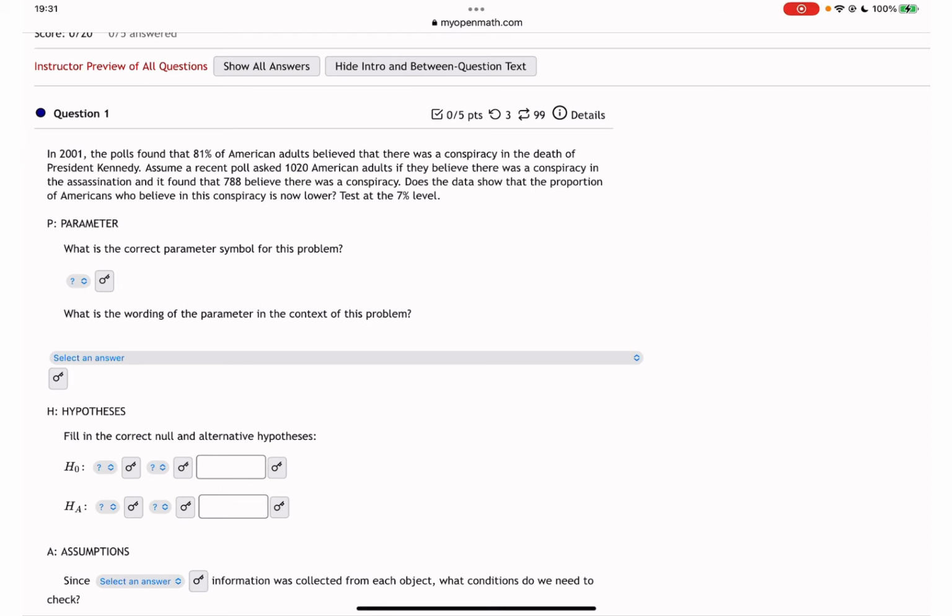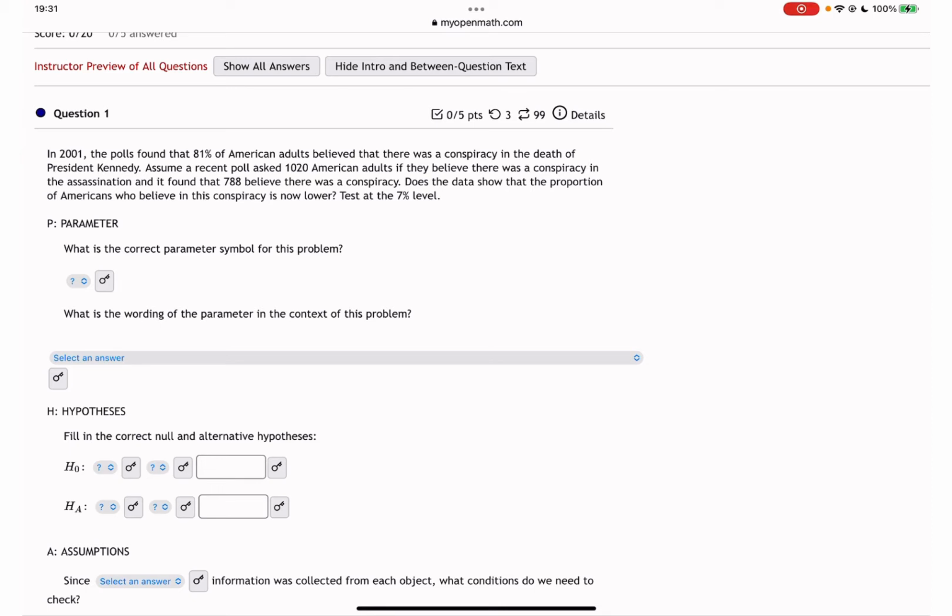Does the data show that the proportion of Americans who believe in the conspiracy is now lower? Test at 7% level. Okay, so question number 1, parameter.